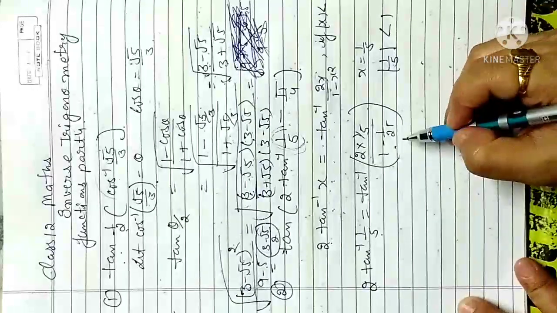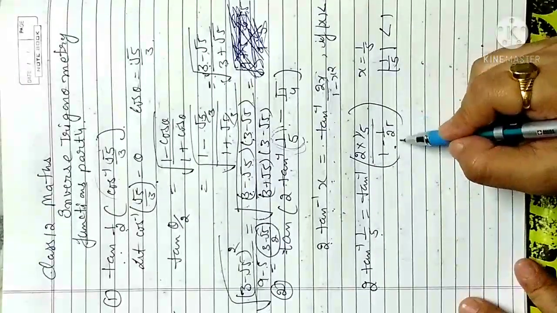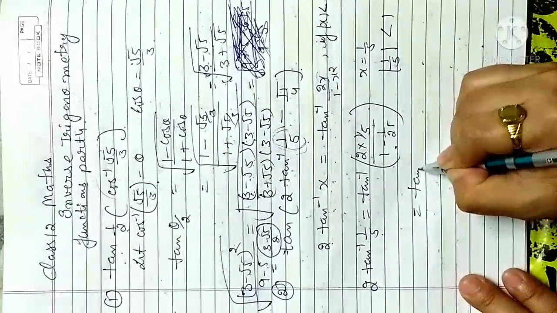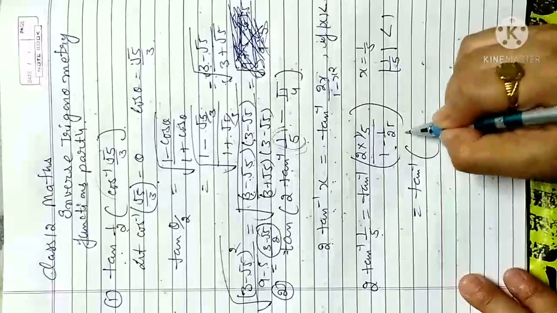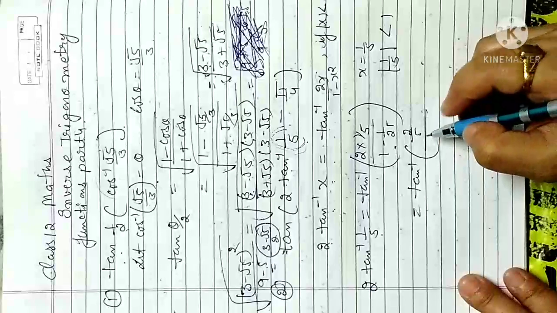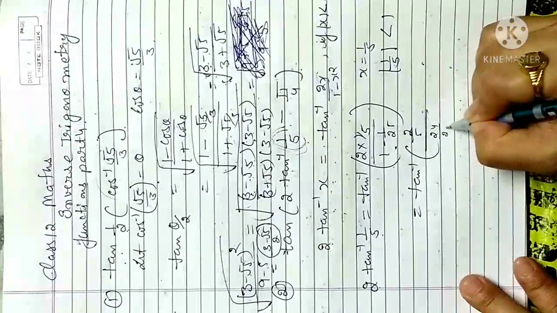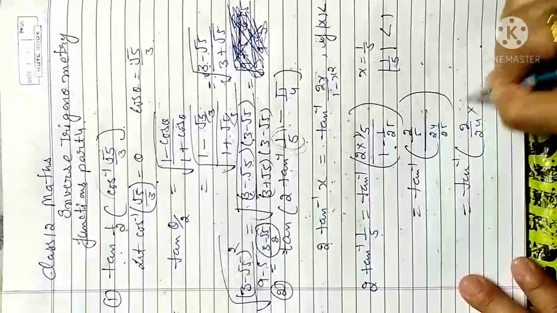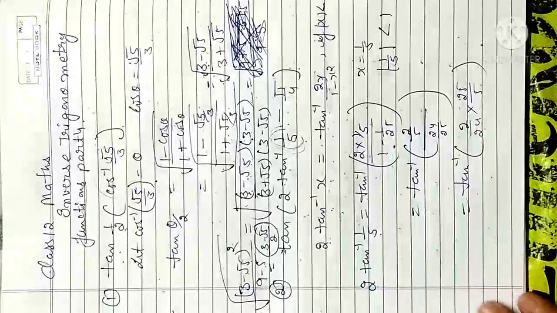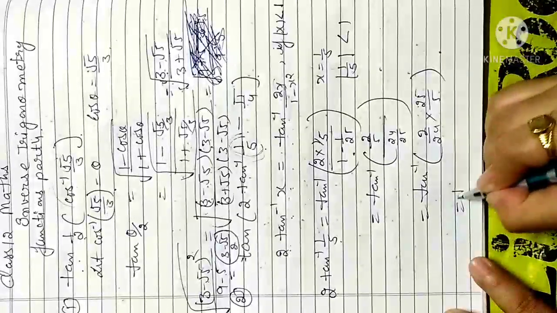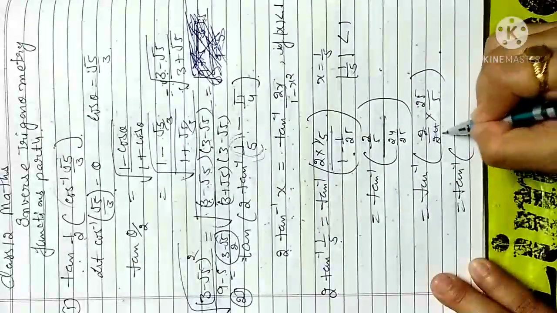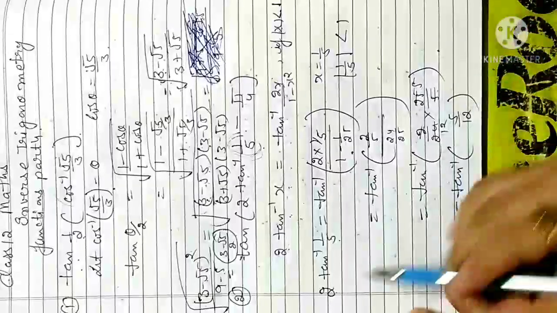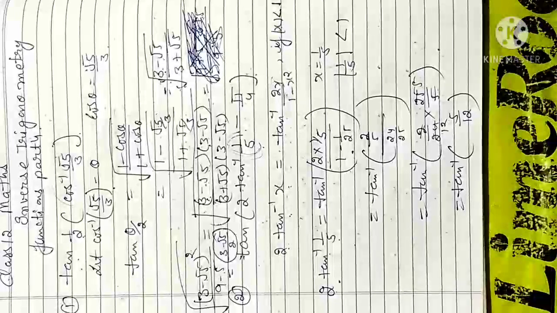When I solve this, the numerator is 2/5 and the denominator is 1 − 1/25. Taking the LCM, the numerator is 2/5 and the denominator is 24/25. That gives me tan⁻¹((2/24) × (25/5)). Ultimately, this becomes 12, and the 5s with 25 give 5/12. So 2 tan⁻¹(1/5) is exactly equal to tan⁻¹(5/12).